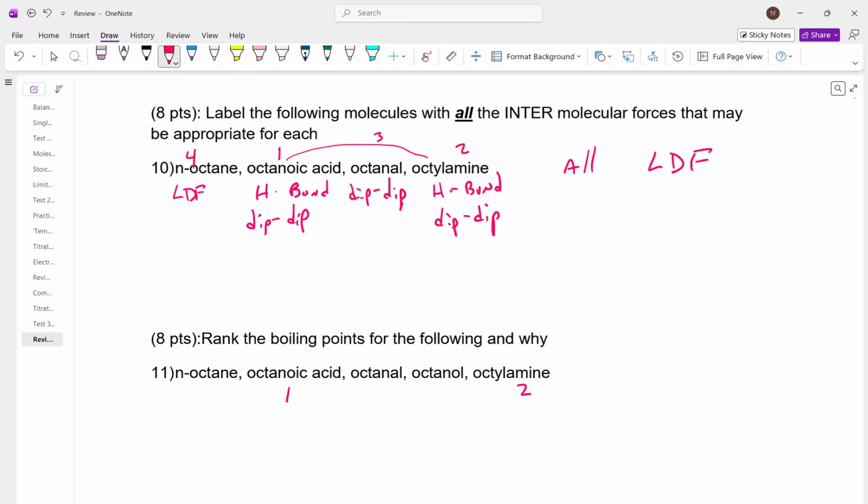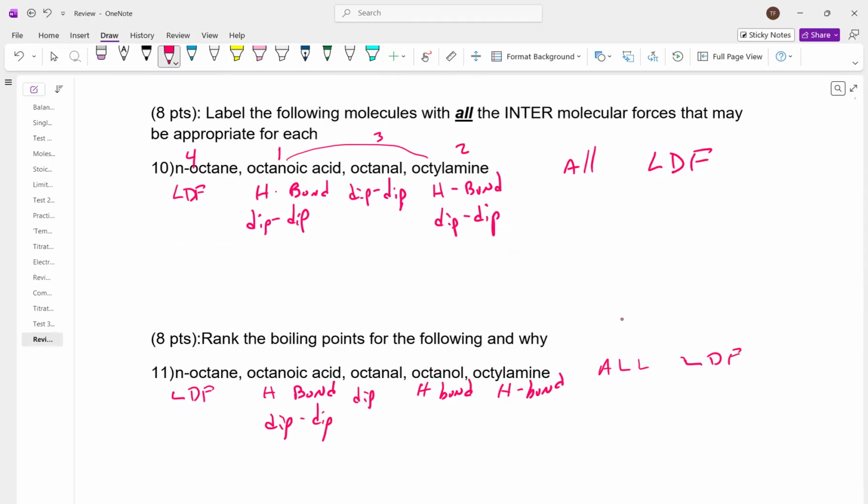Now this one has octanol in there as well. So, okay, they all have LDF. This is LDF only. This has got hydrogen bonding. Dipole, dipole.